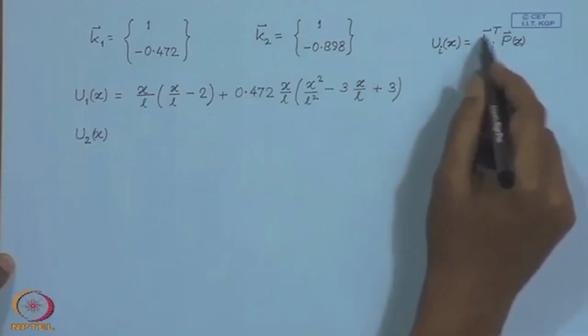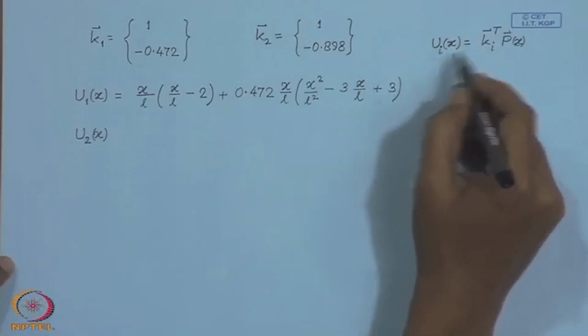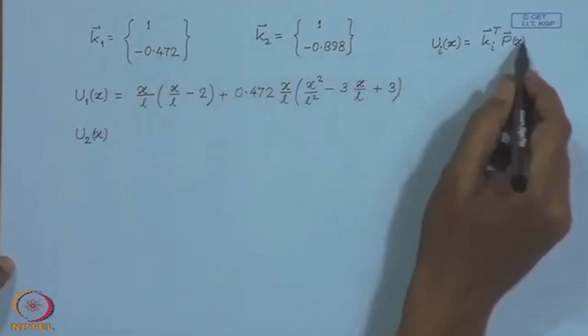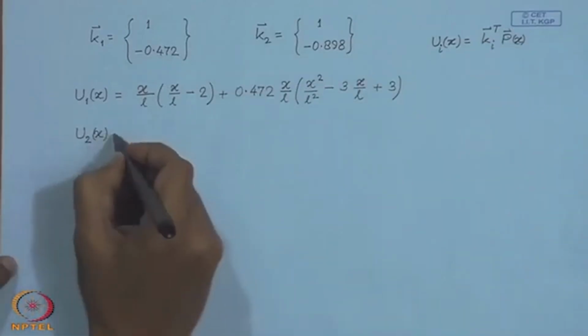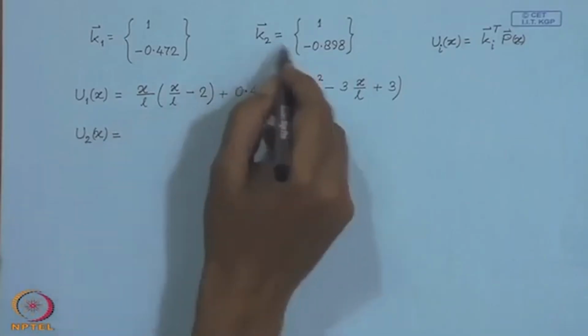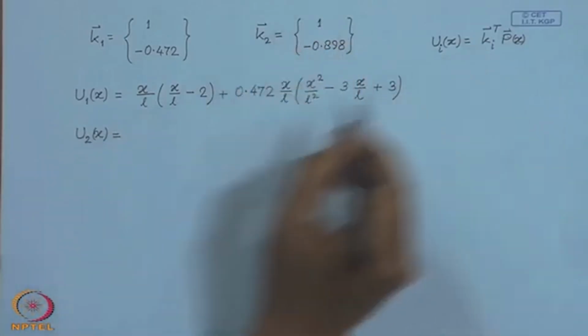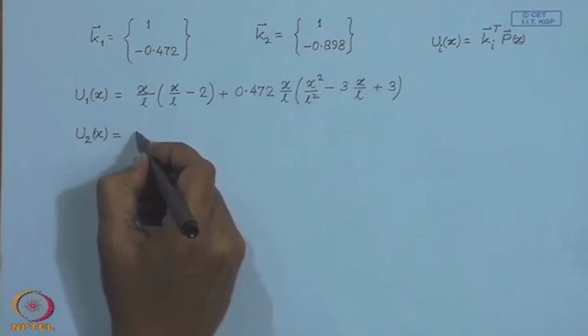So, for the first eigenfunction you use the first eigenvector in this vector product. Similarly, for the second eigenfunction use the second eigenvector in this vector product.